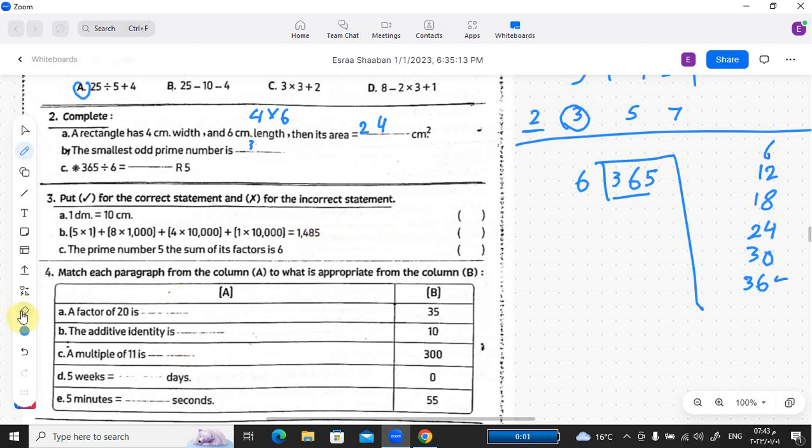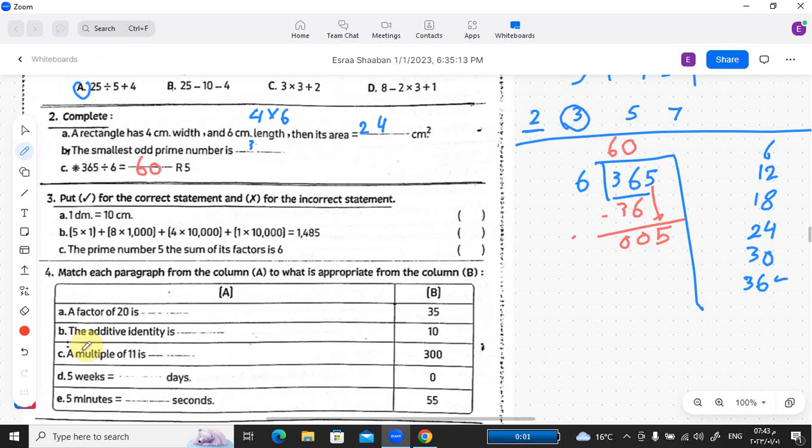So I'm going to write 6 up. And 6 times 6 equals 36, after that minus. 6 minus 6, 0. 3 minus 3, 0. And after that, drop the 5. When I drop any number, we have to divide it. 5 divided by 6 doesn't work, we have to put 0. So the answer is 60 and the remainder 5, because we don't have any number to drop again.